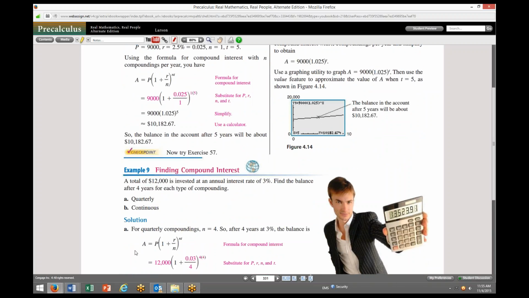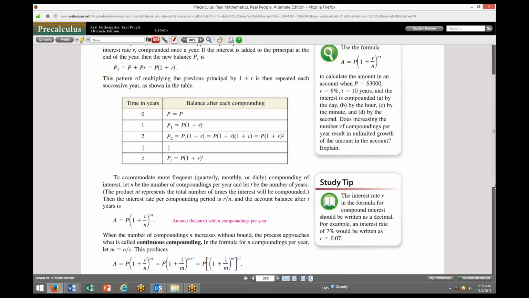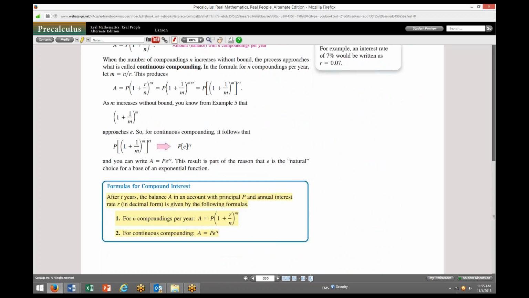What about with continuous compounding? Let's go back and look at that formula. Continuous compounding is a simpler formula, but it's got that number that many people are not so comfortable with, the irrational number e. If something is compounded instantaneously, then the formula simplifies to this.